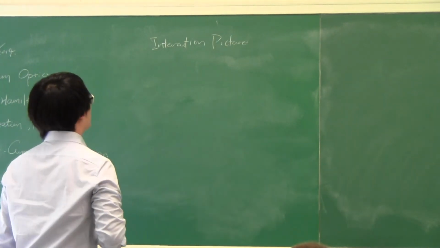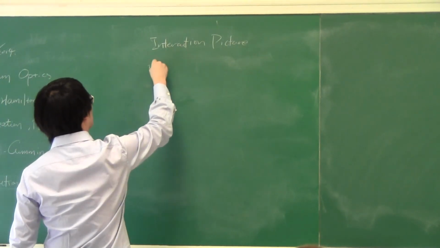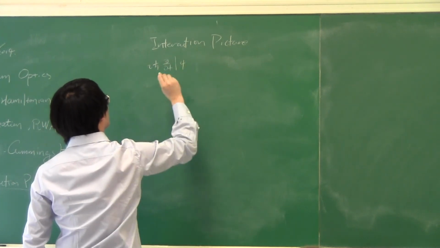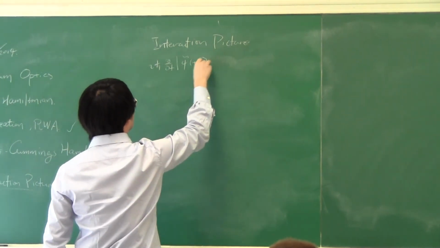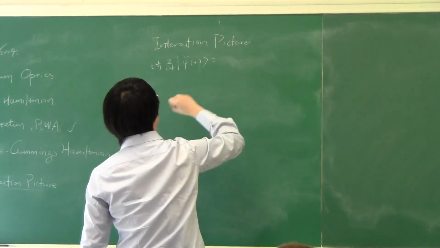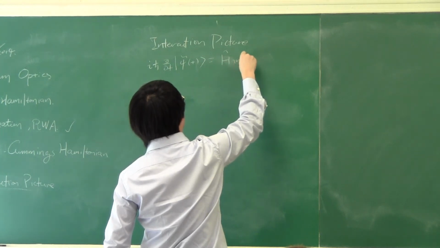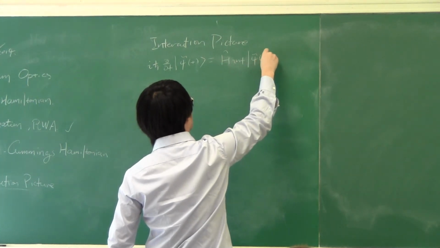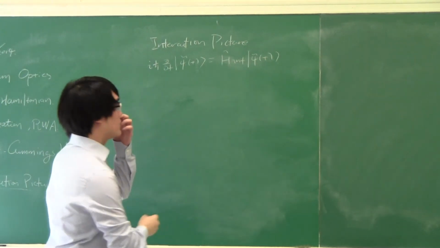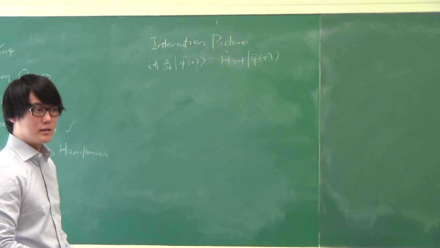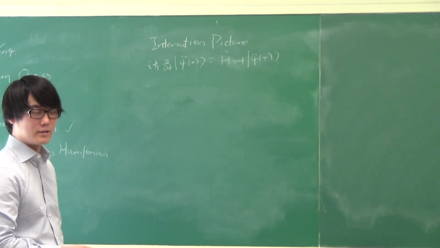So in the interaction picture, I get a different set of Schrodinger equations corresponding to, once again, a change in the phase.